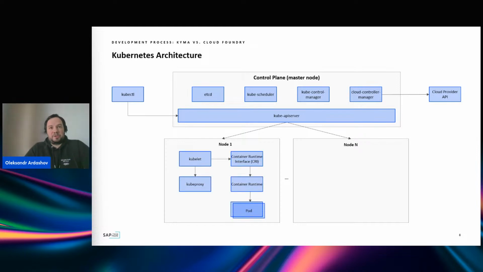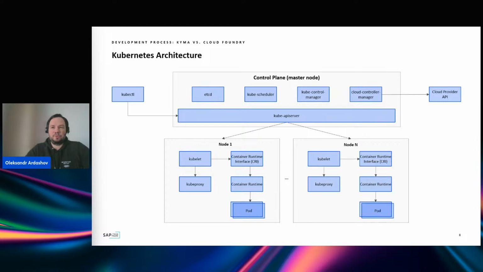I already mentioned worker nodes: node 1, node 2, node 3, depending on what kind of configuration of the Kubernetes cluster was requested. And here the main component is pods. Pods are the smallest runtime deployable unit in Kubernetes, and a wrapper for containers.